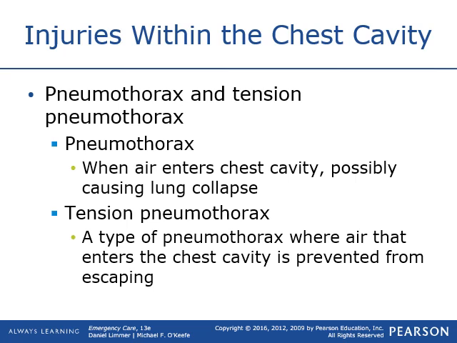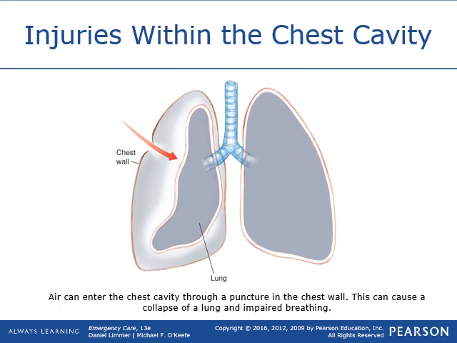So, pneumothorax and tension pneumothorax. The pneumothorax is when air enters the chest cavity, possibly causing a collapsed lung. The tension pneumo is a type of pneumothorax where the air that enters the chest cavity is prevented from escaping, and it's just going to build up there. When it does that, it does not allow the lung to expand, even if the lung is not damaged. Okay, and this is where you get your JVD, sometimes your trachea displacement.